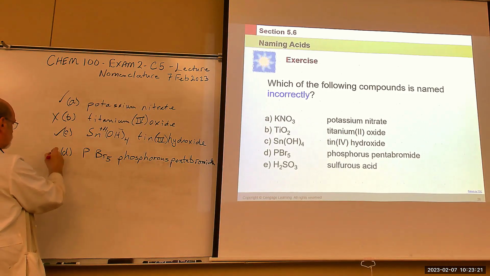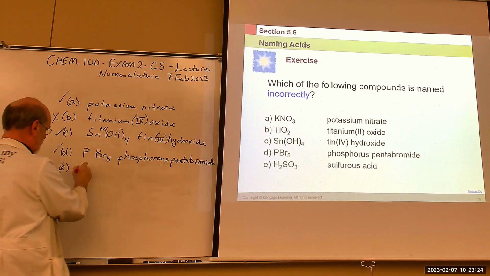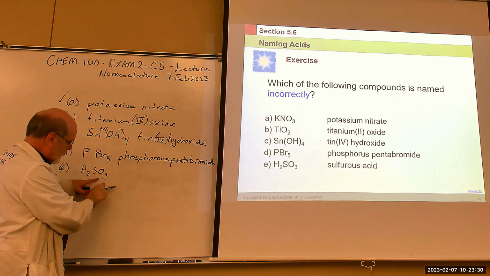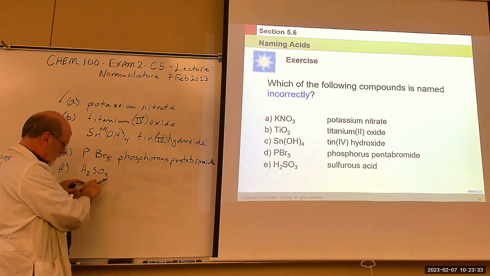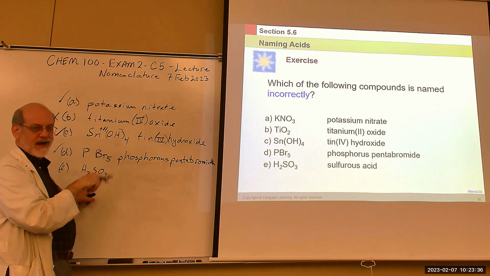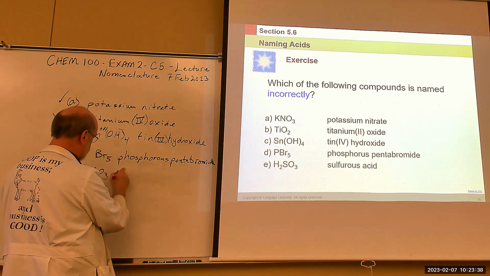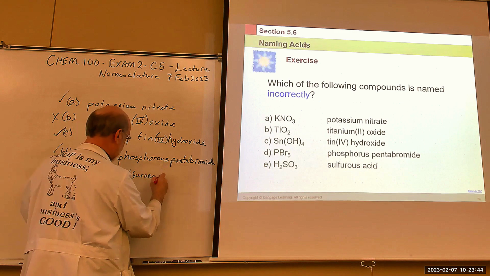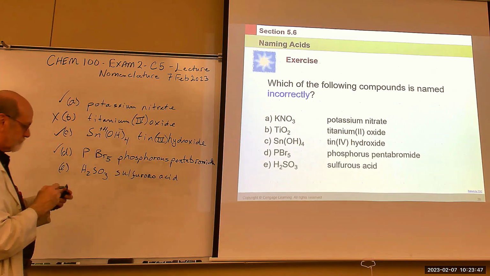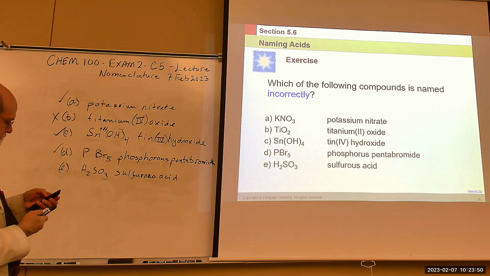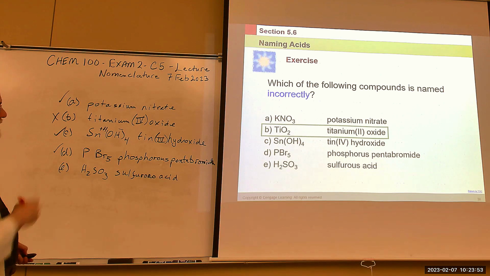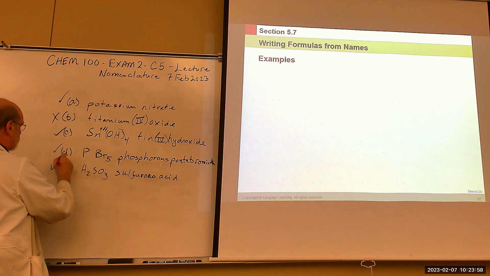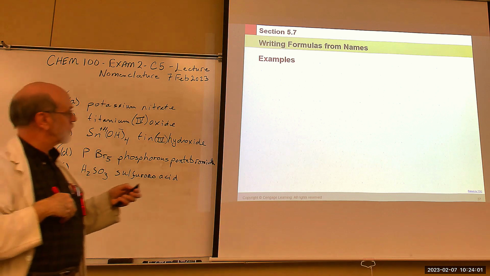Yeah, that's right. And the last one, H2SO3. We named this one already, didn't we? This one has oxygen, so we don't start it with hydro. So we look at this part, which is sulfite. Ite becomes ous. So we say sulfurous acid. So that one is incorrect. Wait a minute. Yeah, oh yeah, these are all correct.